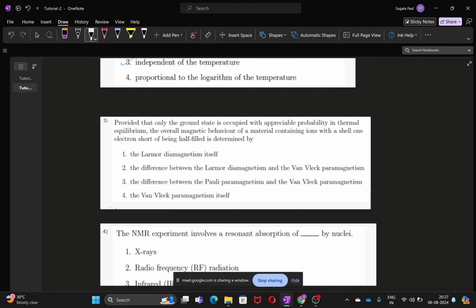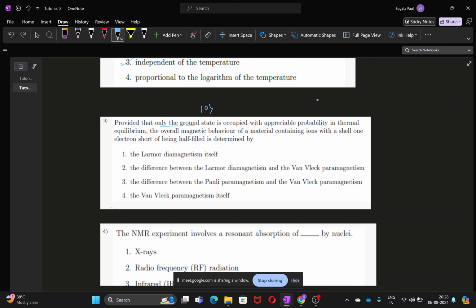It is said that the ground state is being occupied with appreciable probability in thermal equilibrium. Only the ground state, that means no excited state is present. And the overall magnetic behavior of the material containing ions with a shell 1 electron short of being half filled.